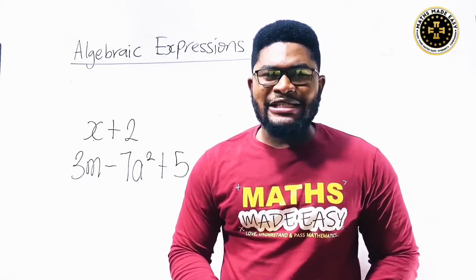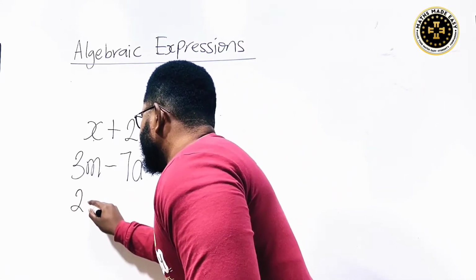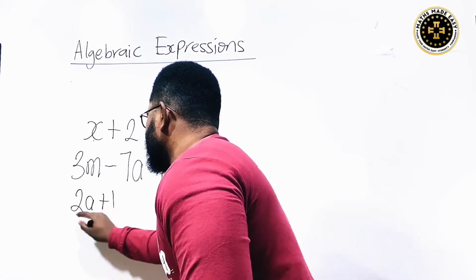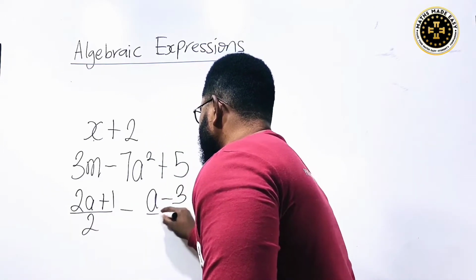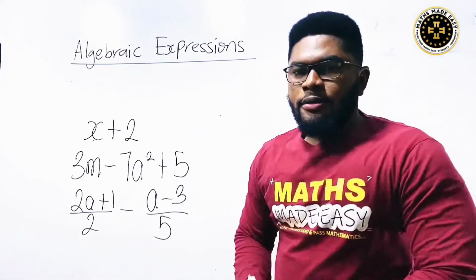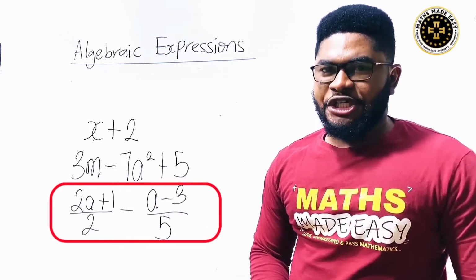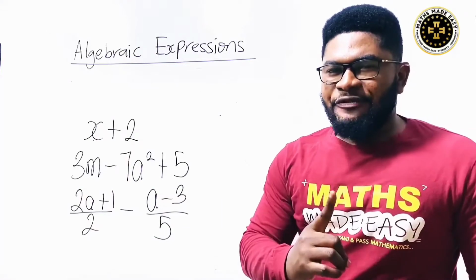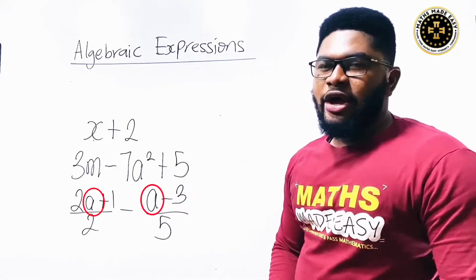Let me give you one last example of an algebraic expression. This is also a typical example of an algebraic expression. Why? The first thing is we see a letter called A in the question.